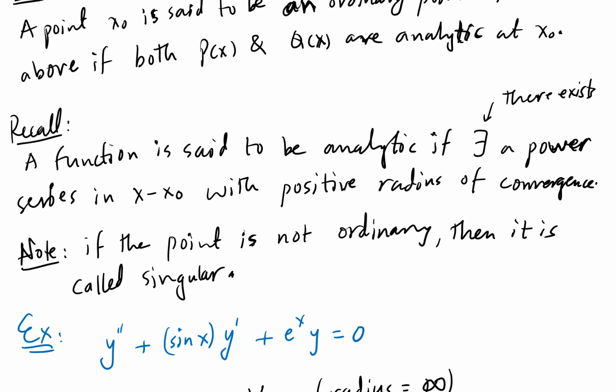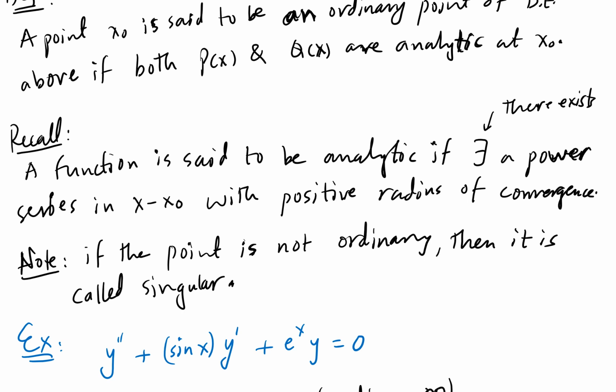So let's look at this differential equation: y double prime plus sine x y prime plus e^x y equals 0. What are the ordinary points of this differential equation?